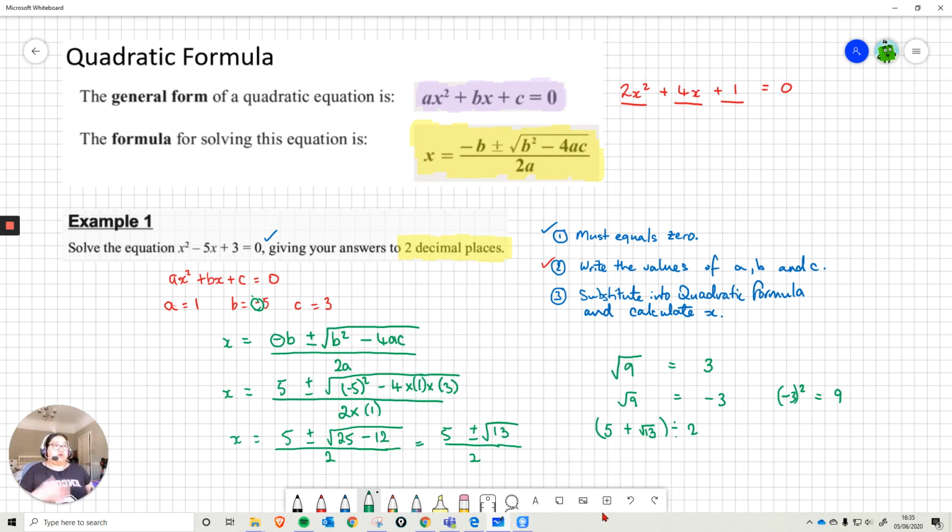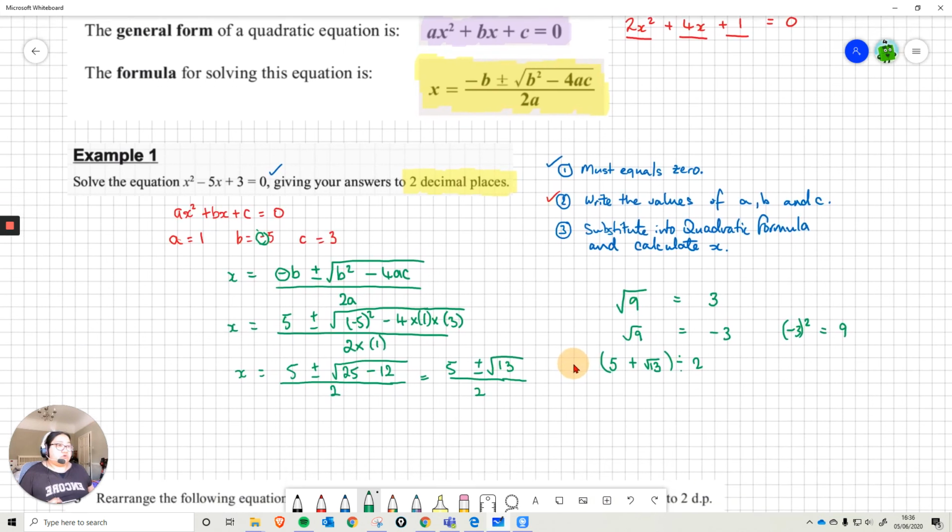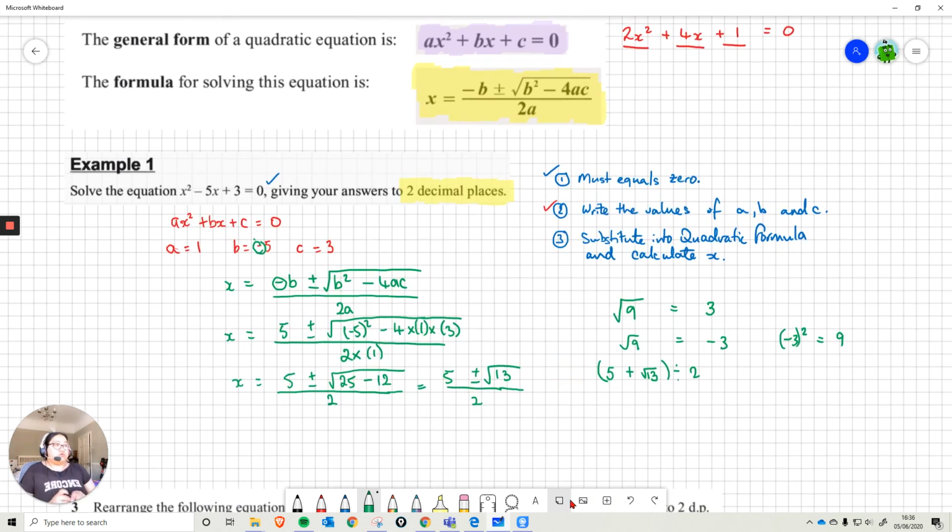Okay. Now, you need to do this twice, like I said before. We've got to do the positive. So x equals 5 plus the square root of 13, all divided by 2. And then the negative, so 5 subtract the square root of 13 all over 2.